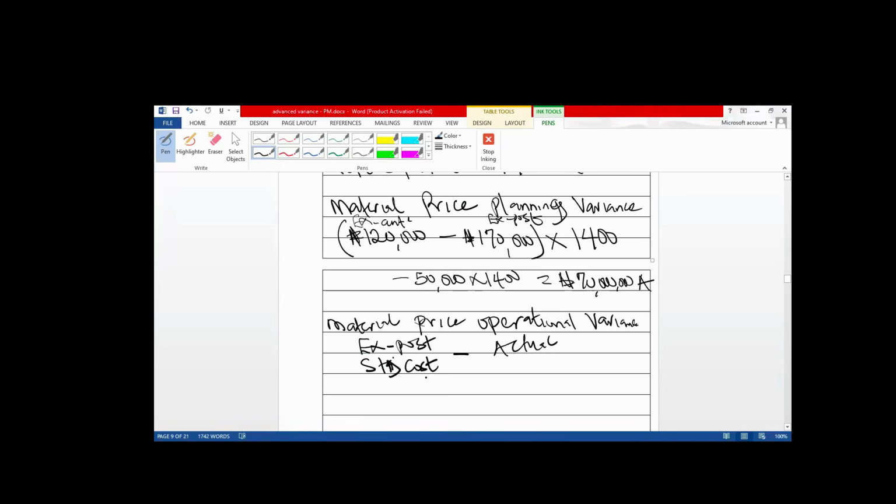Ex-post standard price minus actual material price, multiplied by actual quantity.